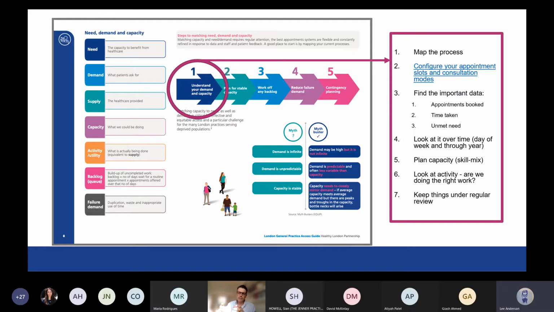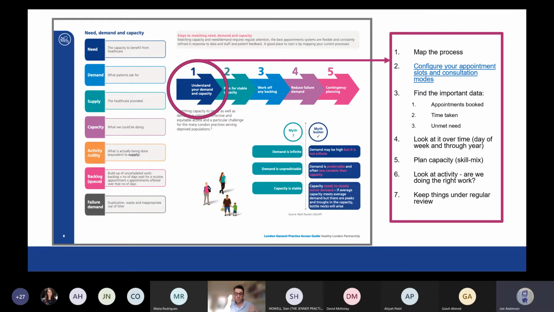Then, once you've got your key bits of data, you want to look at it through the week, through the year, and at some historical data as well. And then from that point, you can start to do your planning. You can look at your team and plan where to deploy people on which days of the week, at what time, and looking at the times of the year, and then think about how you're planning your team's capacity around planned work, where you're inviting patients in or doing work as a practice team, for example, and how much capacity you're freeing up for reactive work, the stuff that's coming through the door that you're having to respond to on a day-to-day basis.